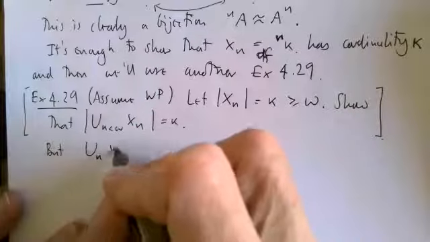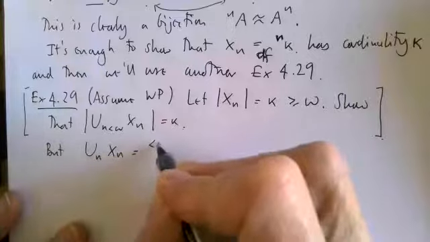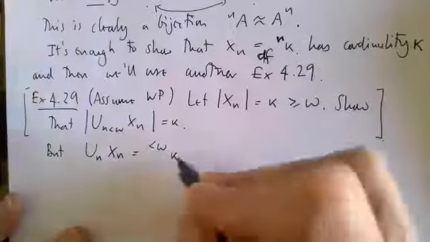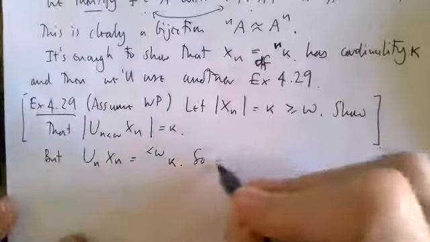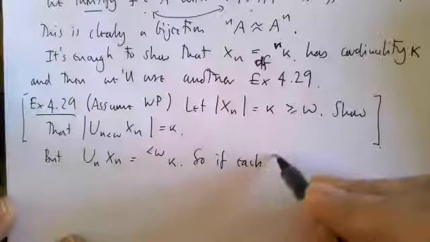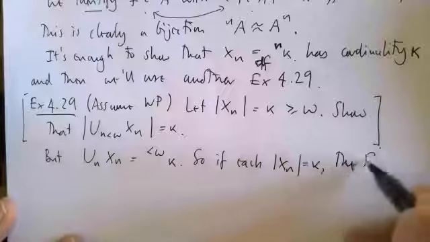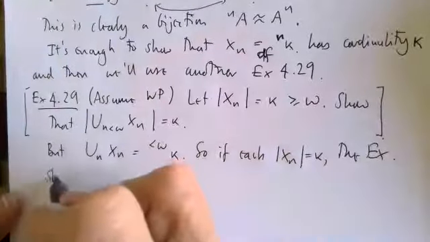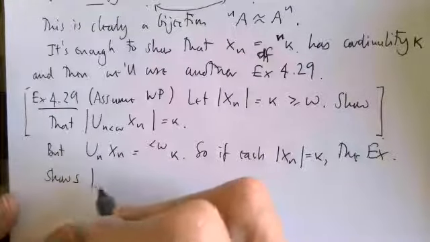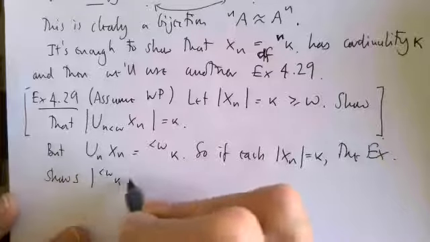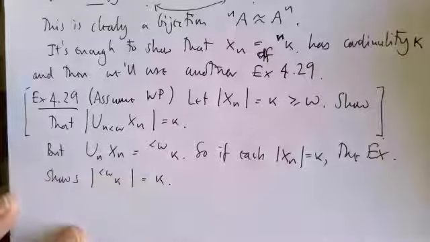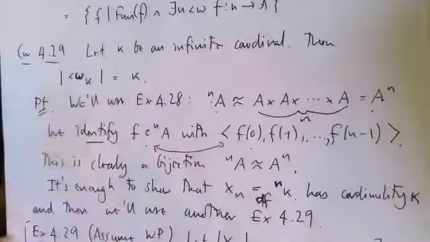The union of these Xn's is this. So if each Xn has cardinality kappa, the exercise shows what we want, precisely what we want in the corollary here.